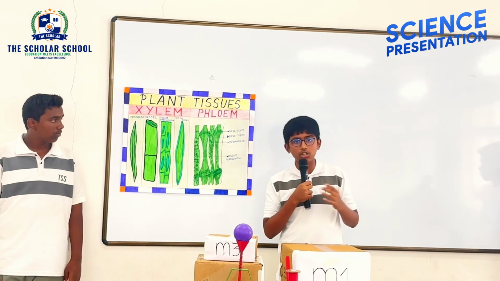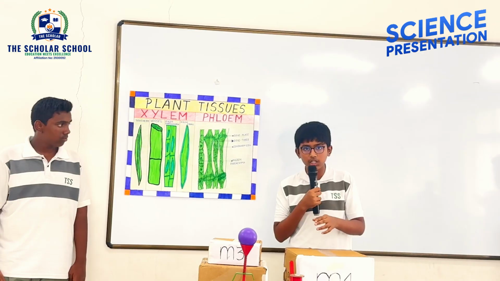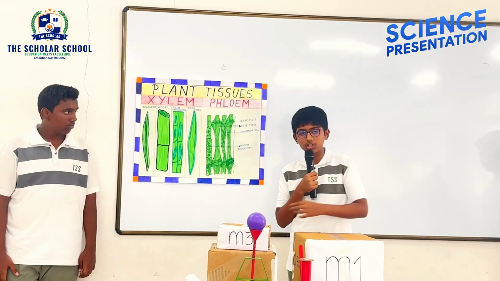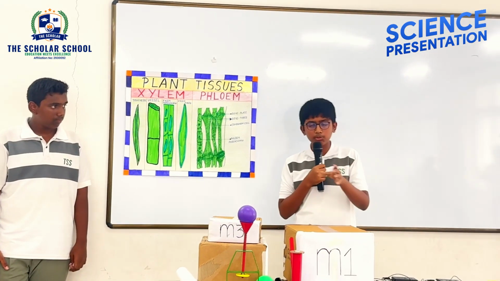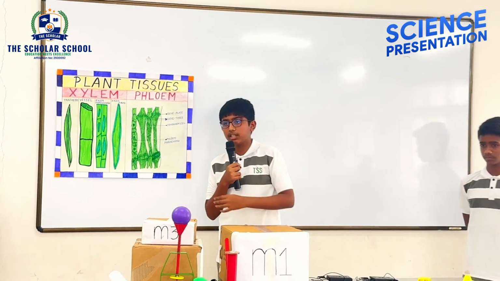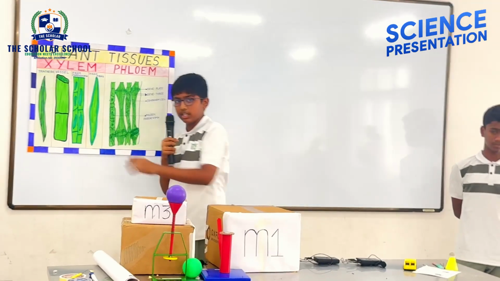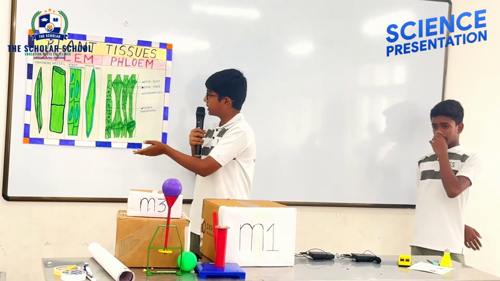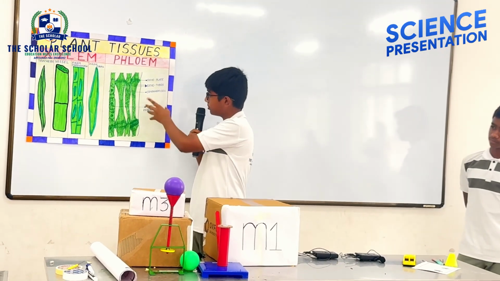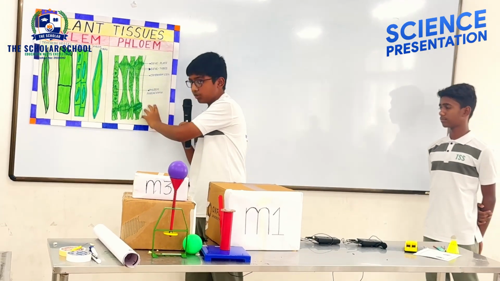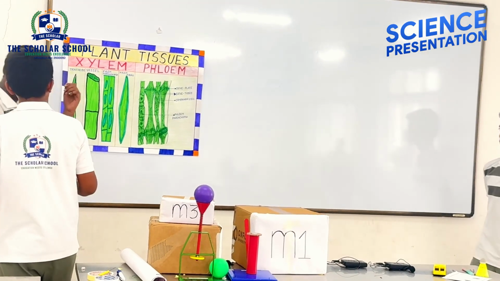And phloem parenchyma is also used for the storage of food, and phloem sclerenchyma also provides mechanical support to the plant. And in xylem, except xylem parenchyma, all the others are dead.